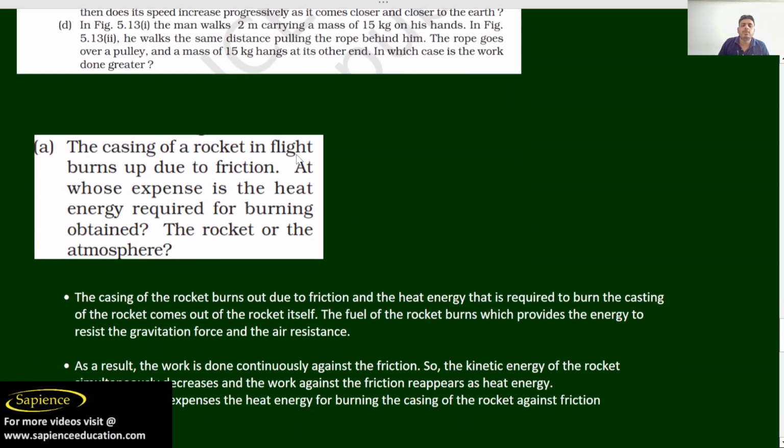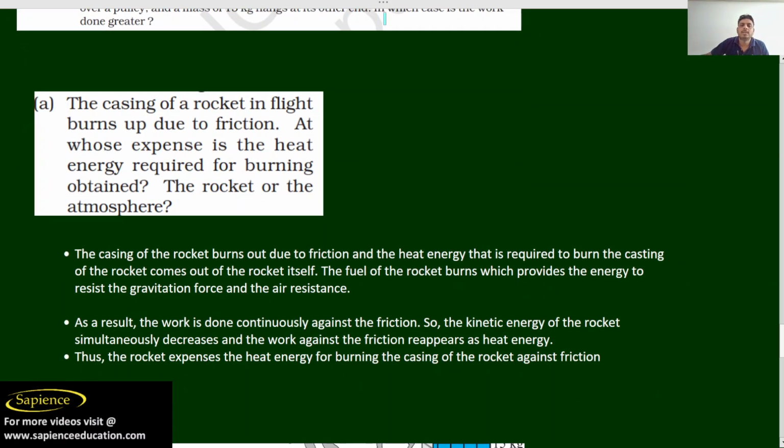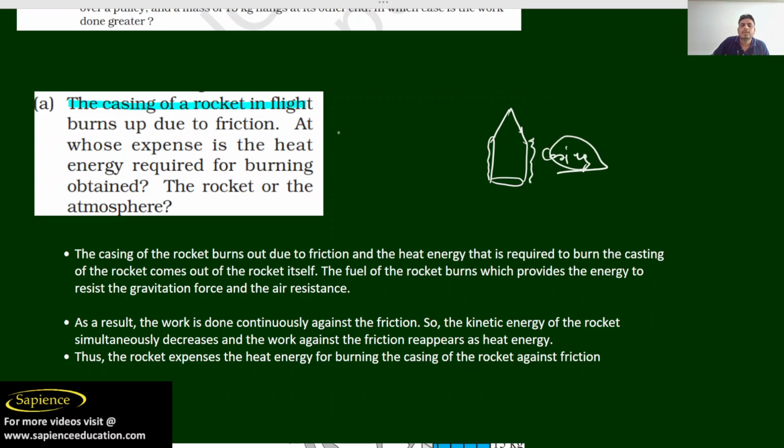So we need to understand what they actually want to ask us. The casing of a rocket in flight. Did you understand casing? Let us consider there is a rocket, and the rocket has an outer covering, known as the casing. The casing burns up due to friction.